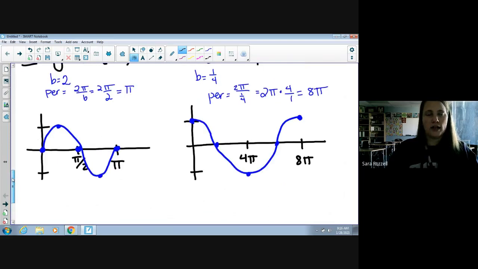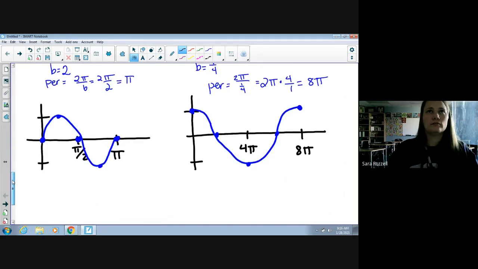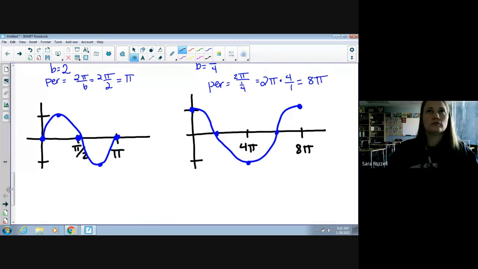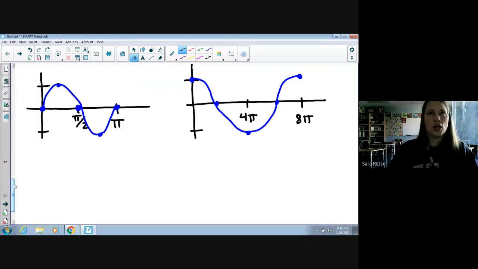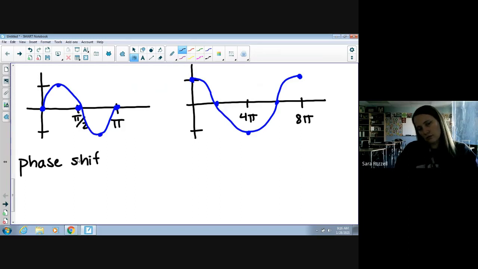Any questions on amplitude and period? Nope. Okay. The next kind, these are called phase shifts. Phase shift is a fancy way to say a horizontal shift.